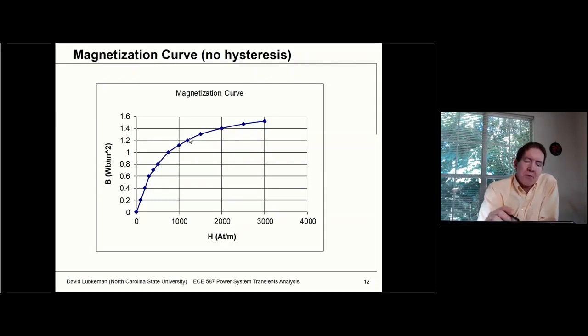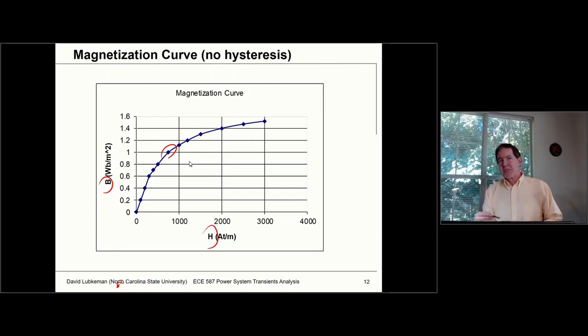But we have a relationship between B and H that looks something like this, where you note that it's somewhat linear going up to 0.8 Webers per meter squared, or Teslas, that's another term for B. And then once we get above 1, you can see this starts to saturate. A lot of these transformers in steady state are going to be operating such that the B internally is about 1 Tesla.